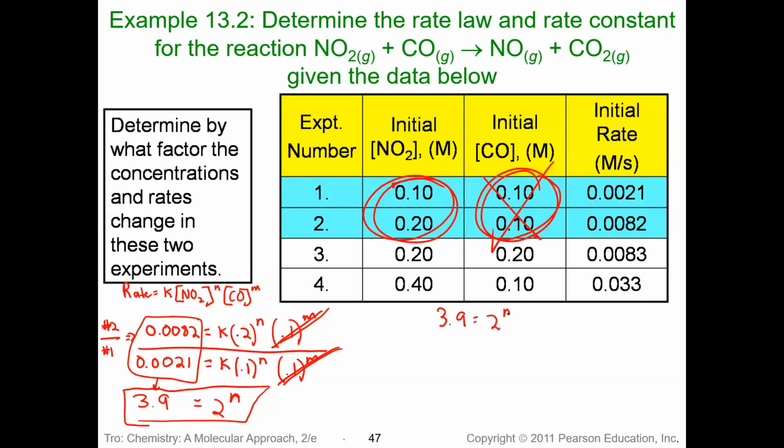Now, those of you who have not done log math in a while, you take the log of both sides and you bring your N down. So we take the log of 3.9 equals N log 2. Your N comes down, just in case you don't remember.